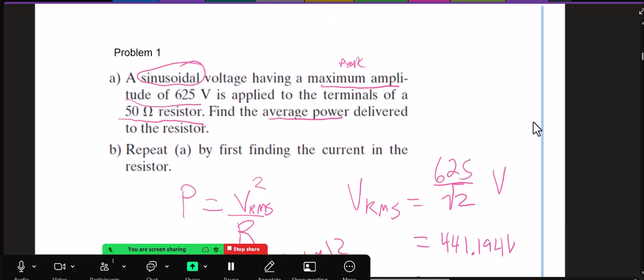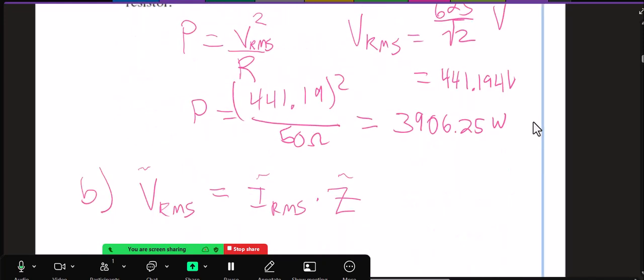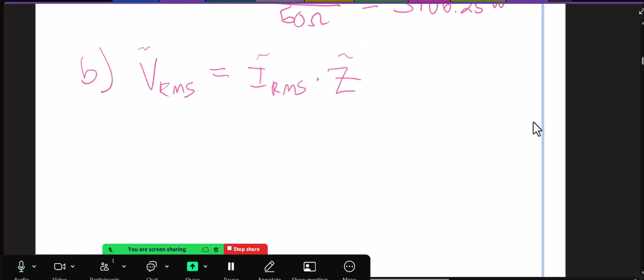Okay, so notice it doesn't give us an angle on the voltage, but they're all relative. So there's not a set angle. You can just set one of them to be 0, and then the current either lags or leads based on that.